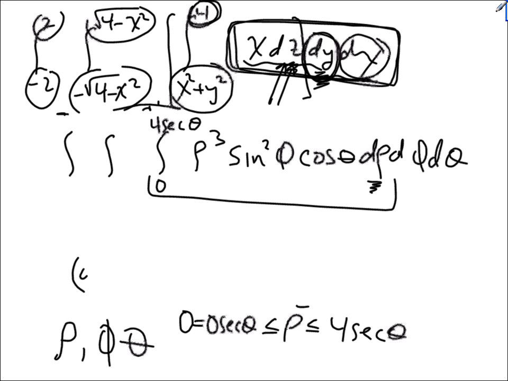Now phi goes from 0 to pi over 2. And remember, phi is the angle that you make off of the z-axis.